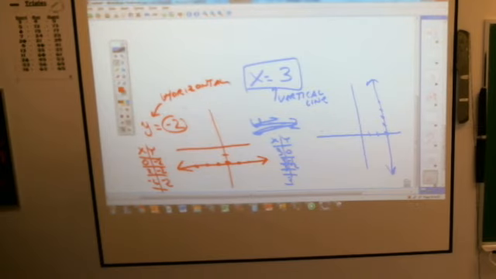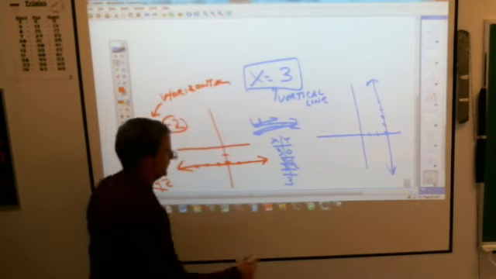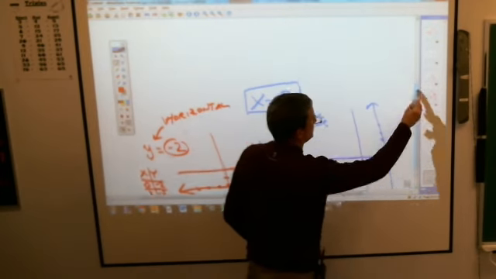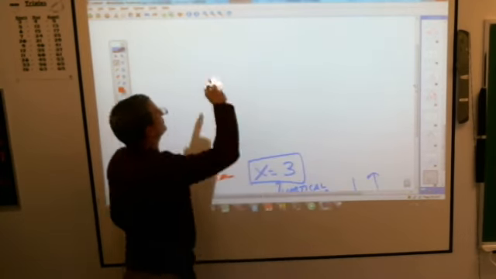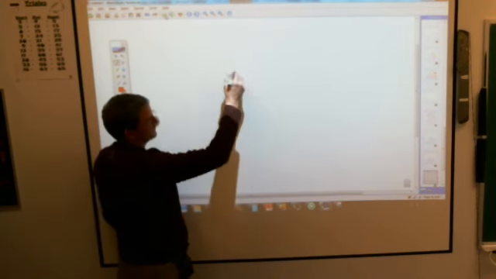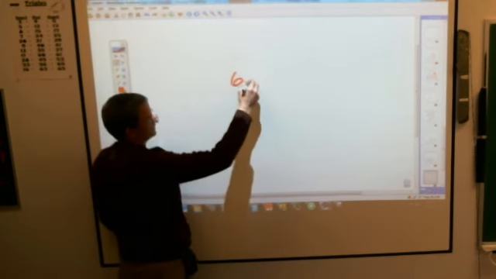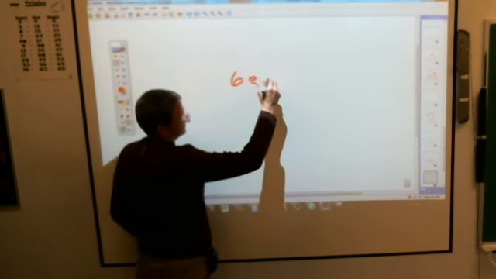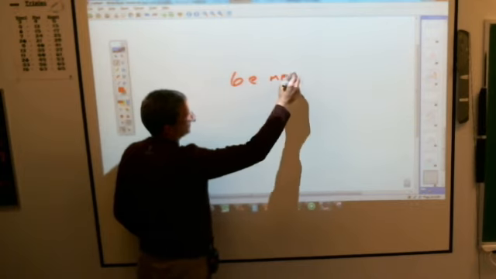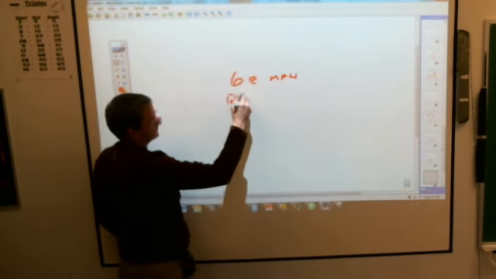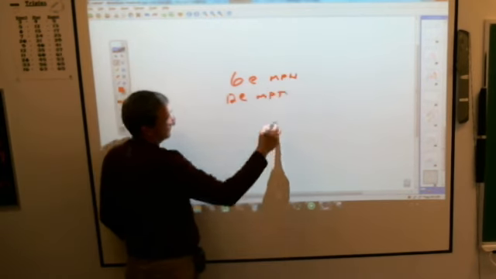If Herva jogs 6 miles an hour and bikes 12 miles per hour, the equation 6x plus 12y equals 24. Let's just break that apart so you understand what they're telling you. If by some chance you are actually going to use math in your real life, she jogs at 6 miles per hour and bikes at 12 miles per hour.